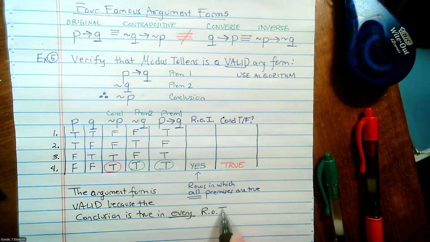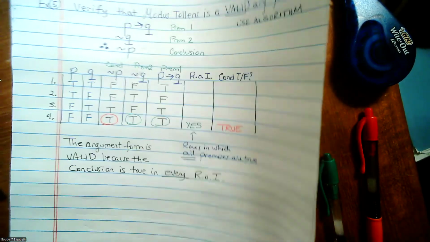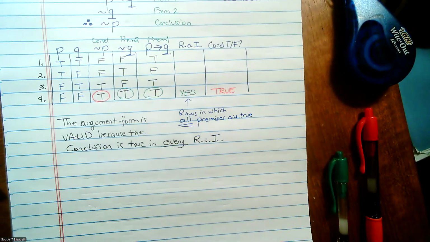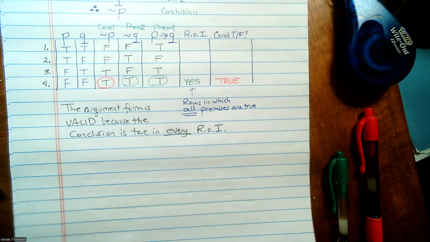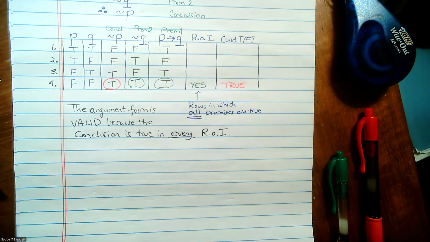row of interest. Now, we could go to our special homework number 4, or was it number 3, where you had a different argument form. Let me go and look at special homework number 3.